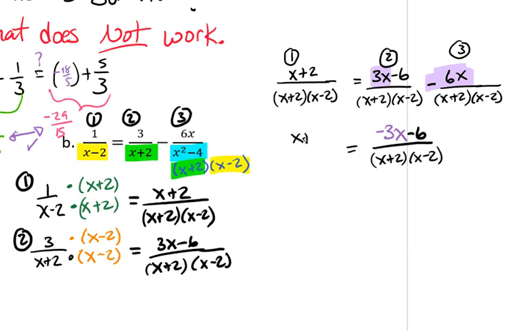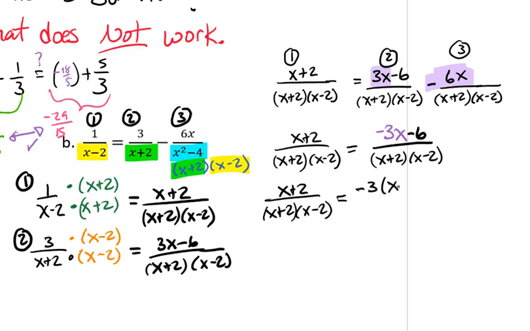Over here we still have our x plus 2 over x plus 2, x minus 2. And we can factor the numerator. So we have x plus 2 over x plus 2, x minus 2 equals negative 3 times x plus 2 over x plus 2, x minus 2.